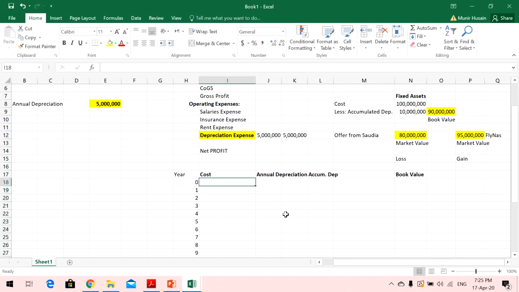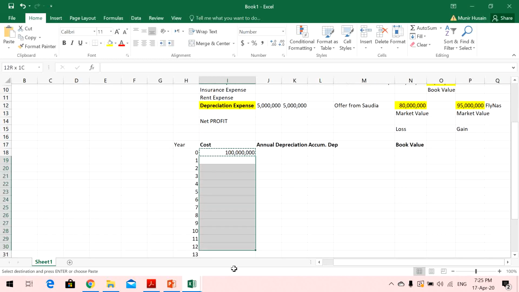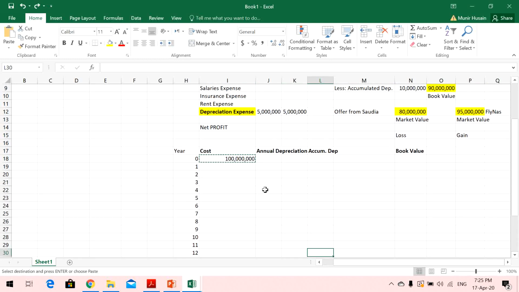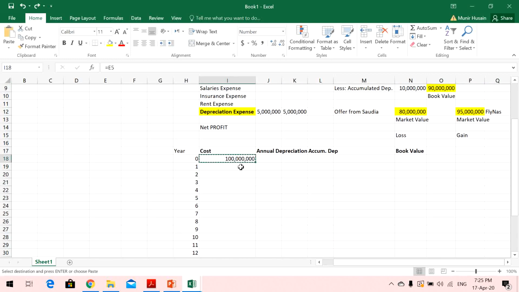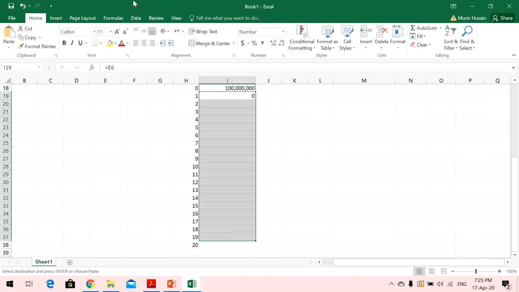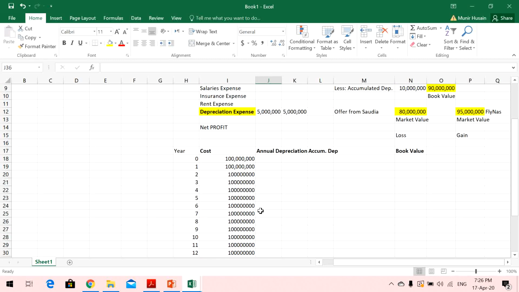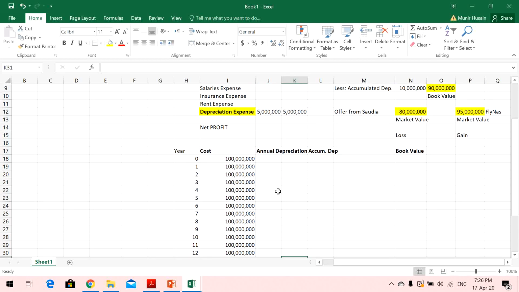Now what is the cost of this asset? It was this one. Now what is the annual depreciation?